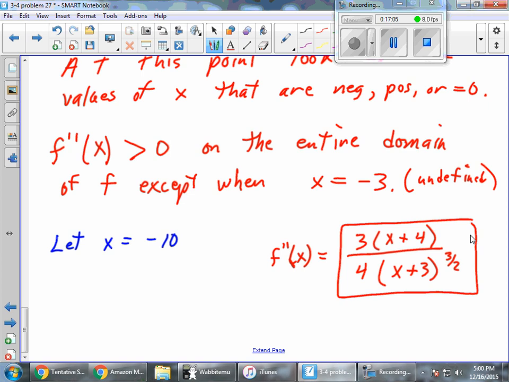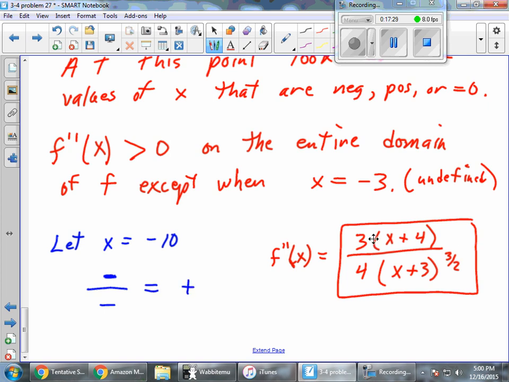So it's still negative in the numerator. And when you go negative 10 plus 3, you'll get negative 7. When you take negative 7 to the 3 halves power, it's still negative. When you go 4 times that number, it's still negative. And so that equals positive.